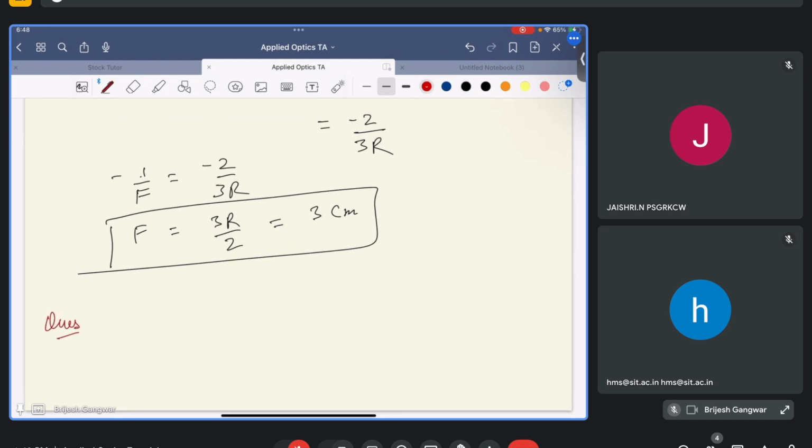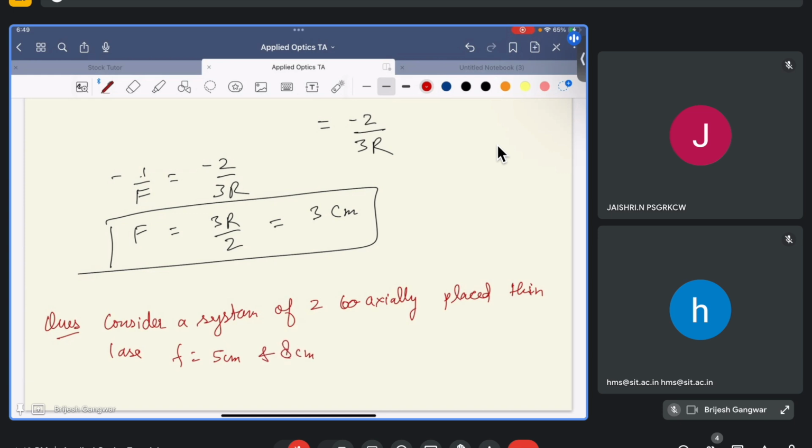The next question is: consider a system of two coaxially placed thin convex lenses of focal lengths 5 centimeter and 8 centimeter.